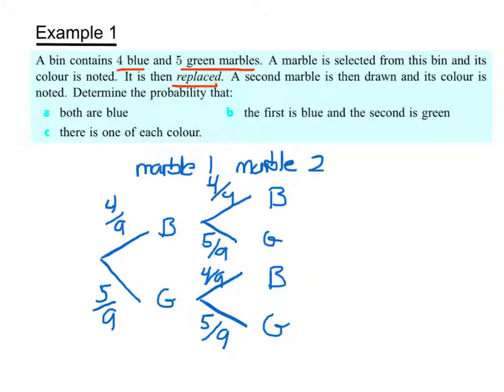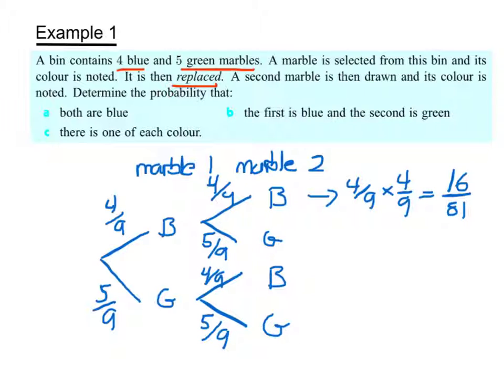Now for part A, we're trying to find the probability that both marbles are blue. So I want to follow the branch that gets me 2 blue marbles. And to find that probability, I want to multiply along that branch. So I want to multiply 4/9 by 4/9. And that's going to get me 16 over 81.